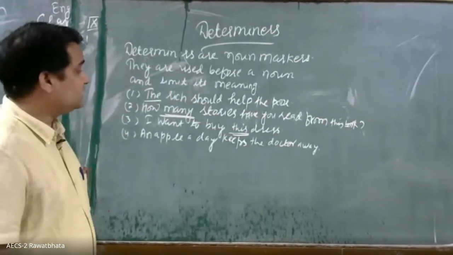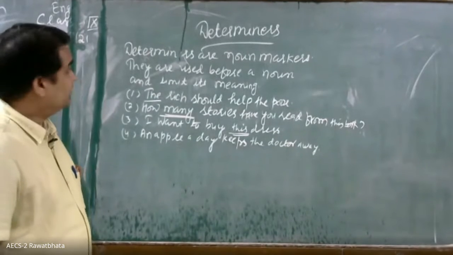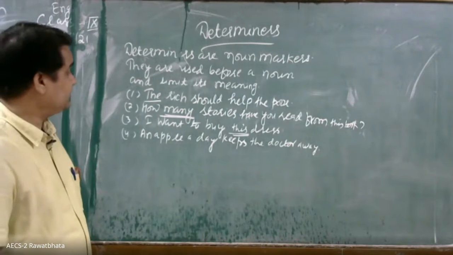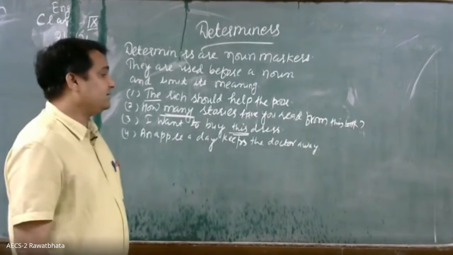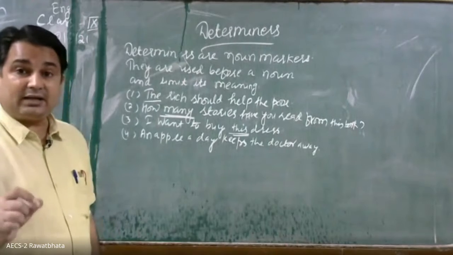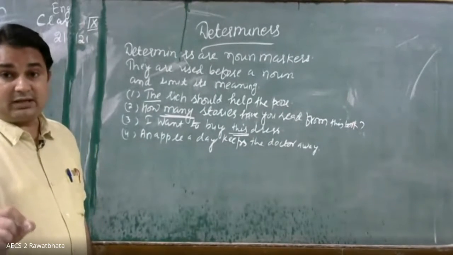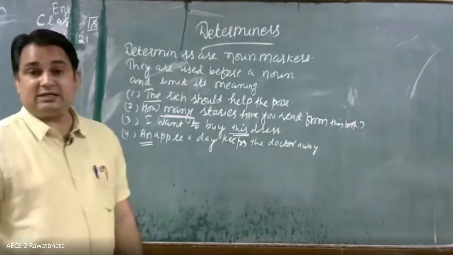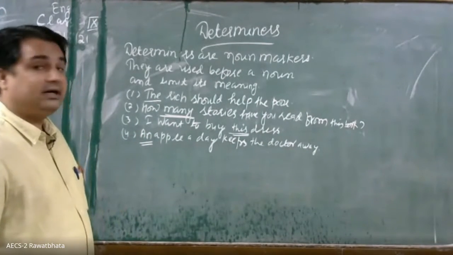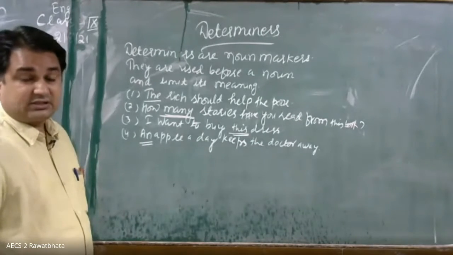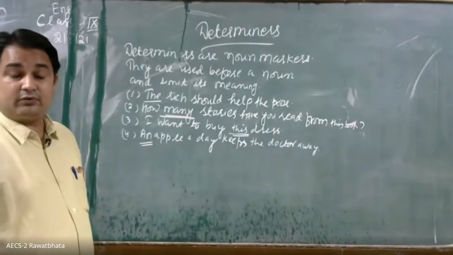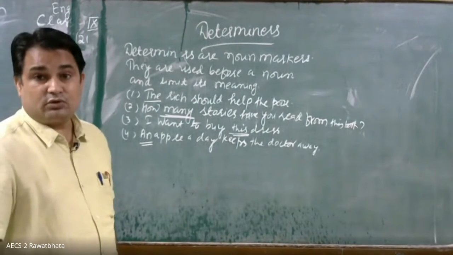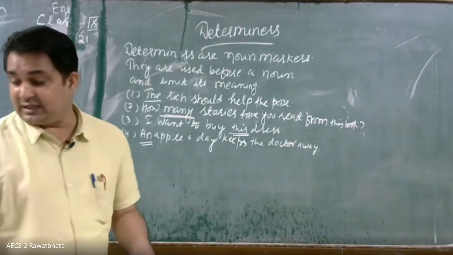This is a demonstrative adjective, or a demonstrative determiner. An apple a day keeps the doctor away. The number of apples has been specified, a single apple. So an is a determiner. Likewise, determiners are used before nouns to limit the meaning of the noun.